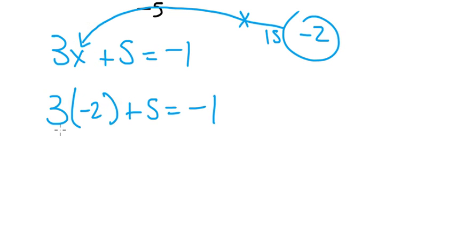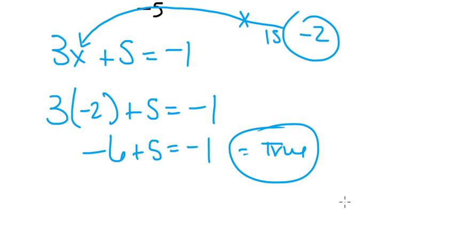Is that a true statement? What's 3 times negative 2? Negative 6 plus 5 equals negative 1. Is that true? That is a true statement. So that's how we prove that what she's saying is true. That was a bit easier, wasn't it? Catherine?